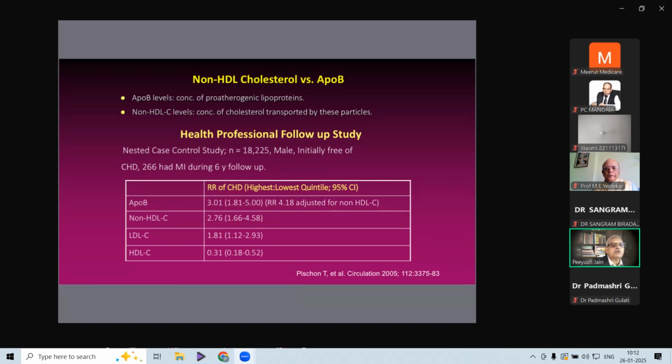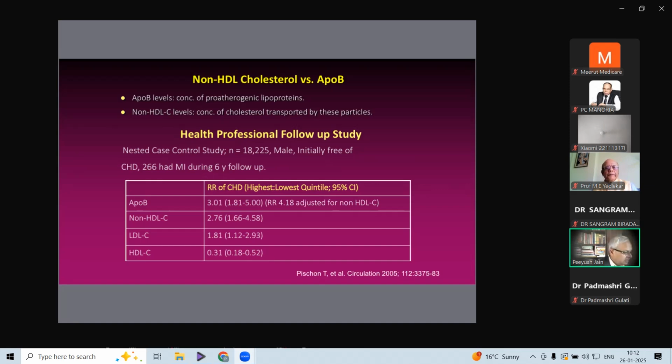ApoB. So here, let's talk about the Health Professionals Follow-up Study of 18,000 male patients initially free of coronary heart disease, with 6 years of follow-up. During this prospective trial, ApoB was still the strongest predictor of future myocardial infarction.